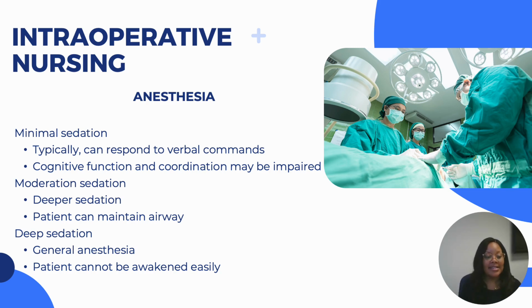Because in deep sedation, the patient cannot be awakened easily. And normally once you get into deep sedation, that's when your patient is going to be intubated, because now anesthesia has paralyzed the respiratory muscles. But with moderate sedation, the patient can maintain an airway, so they won't need to be intubated there.